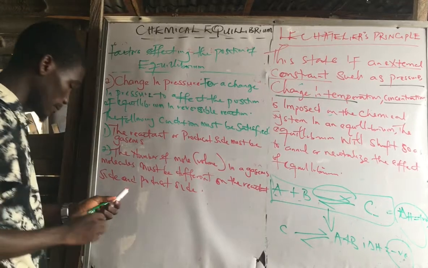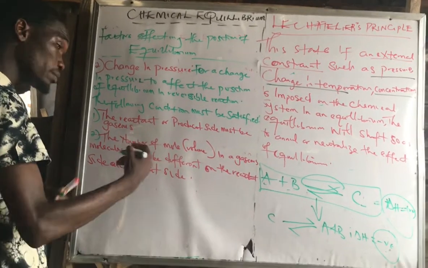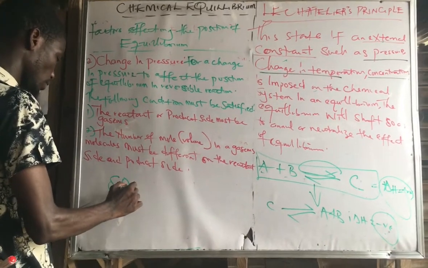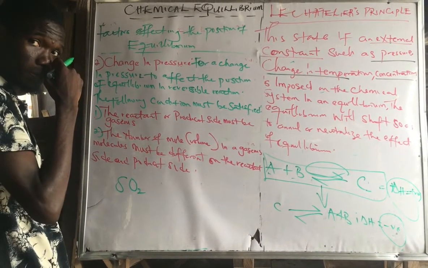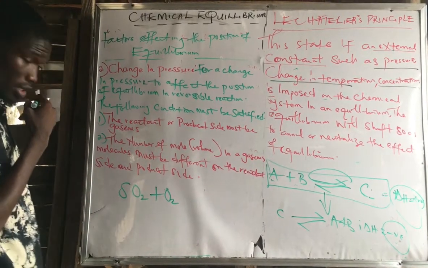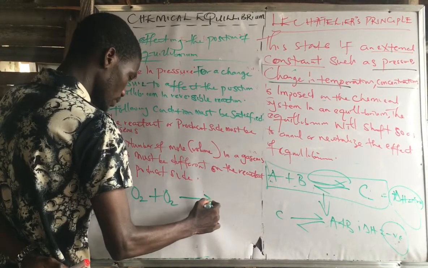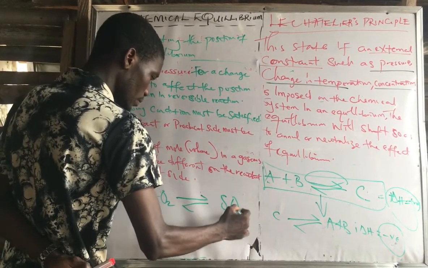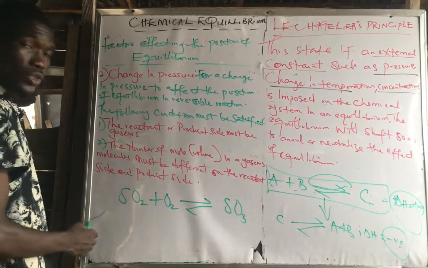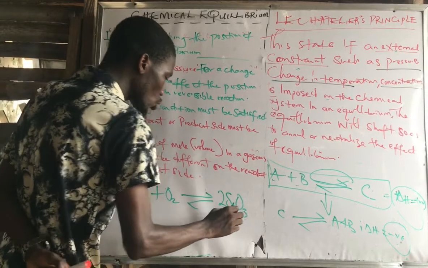So for example now, I have SO2 plus this. So if I'm adding 2 here, I will also add 2 here.